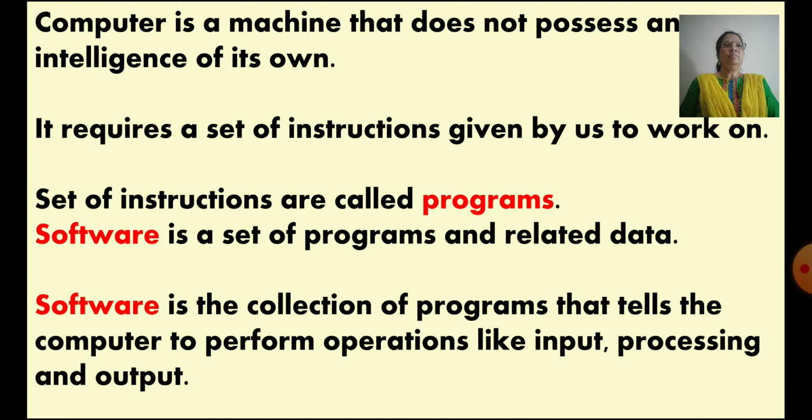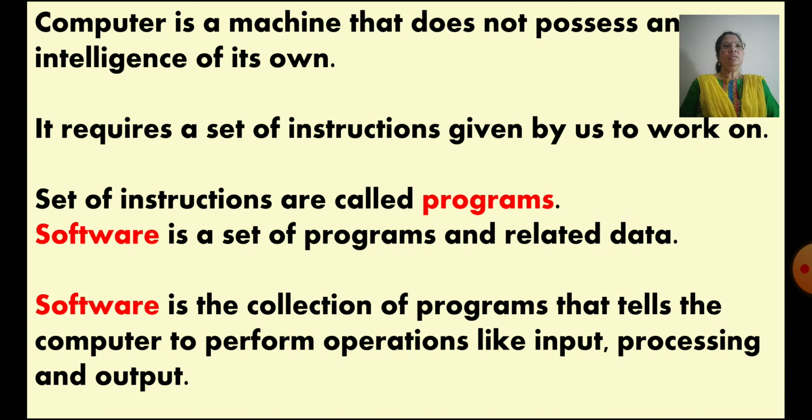Now children, all of you know a computer is a machine that does not possess any intelligence of its own, because it is a machine. We have to provide the instructions. A set of instructions is called a program.